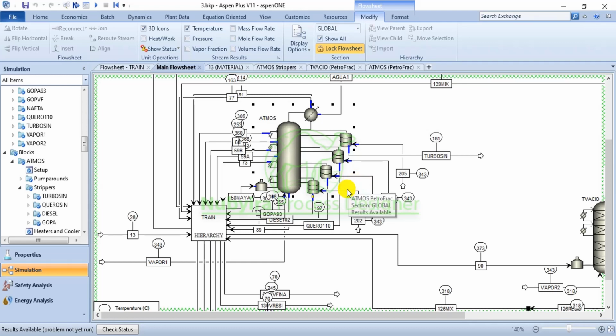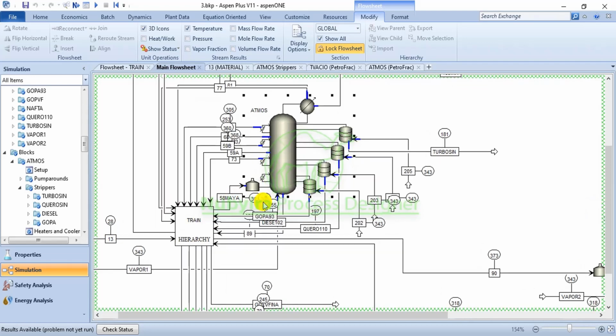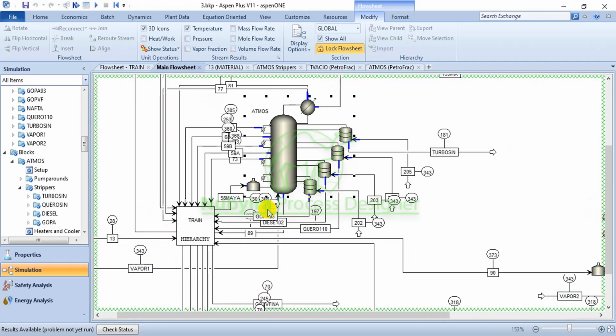We are expecting to get high temperature products from the vacuum and atmospheric distillation, and we need to increase the temperature of the feed, which is the crude oil. So we are going to reintegrate the heat of the products back into the feed, and that's the work of this heat exchanger train that we call the preheat train. It increases the temperature of the crude to a very high temperature, and we are getting 301 now.